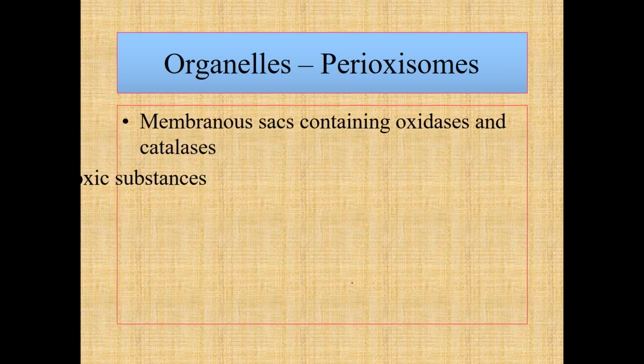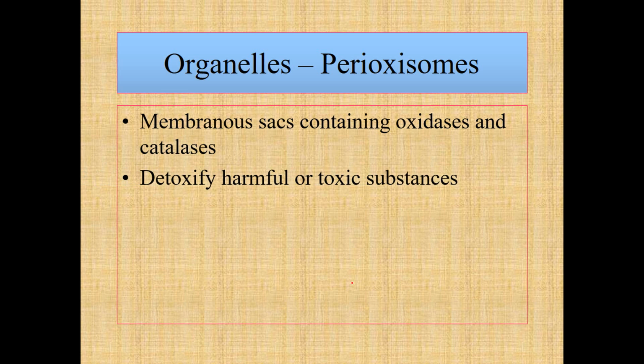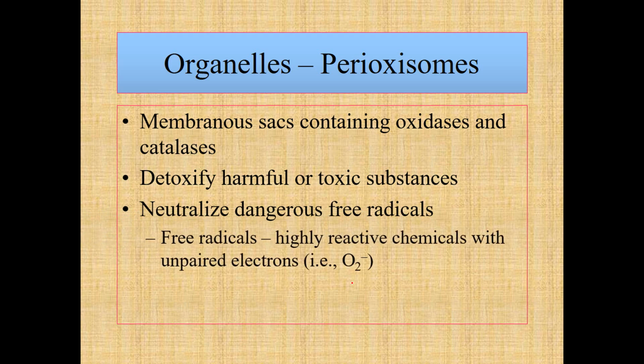Peroxisomes are membranous sacs, and what they do is detoxify harmful substances, not drugs, because that was the liver. Basically, they neutralize free radicals. Free radicals are chemicals that have an unpaired electron, so they are very unstable.